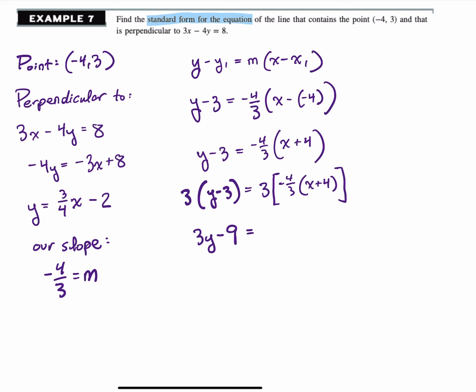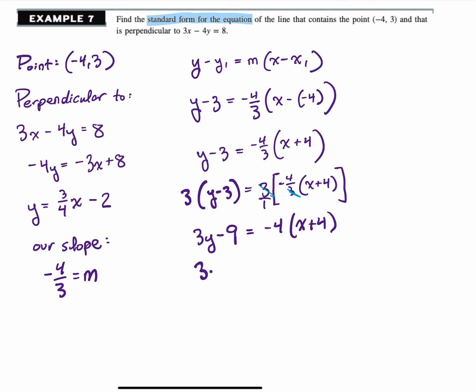And then on the right side, this 3 will cancel with the 3 in the denominator, because this is like a 3 over 1. And that's what we want. It's going to clear out that fraction. We'll just be left with negative 4 times x plus 4. So the 3 wouldn't multiply by anything inside, just the coefficient in the front. Now let's distribute that negative 4 and then put it into standard form.